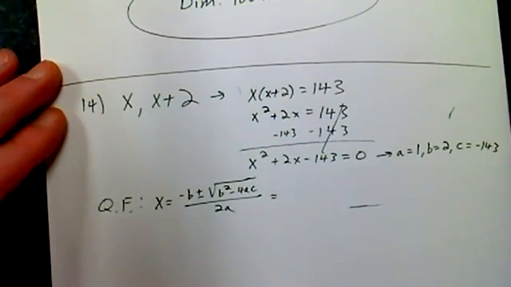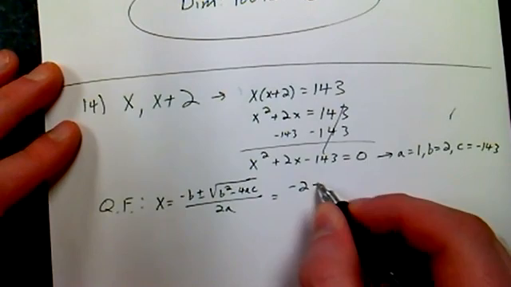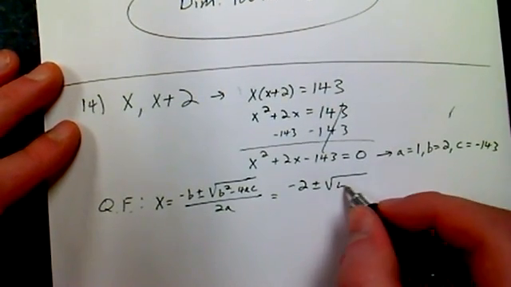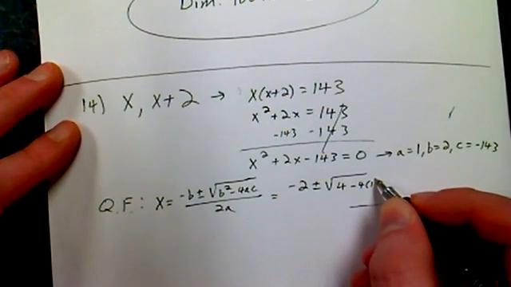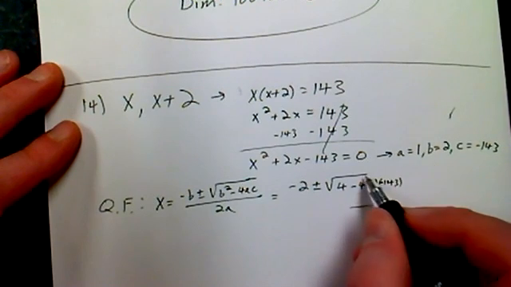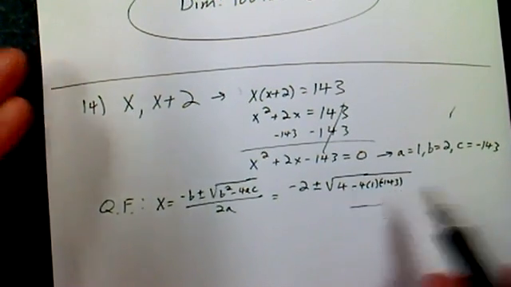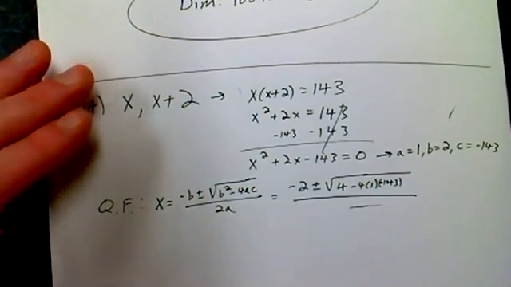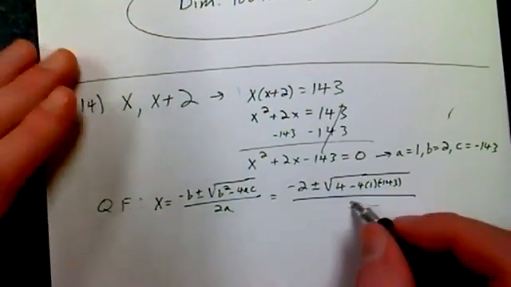So if I start plugging things in, I'm getting negative 2 plus or minus the square root of 4 minus 4 times a times c. And notice c is negative, so minus a negative, that we will be adding under the square root. And that's all over 2 times a, or just 2.